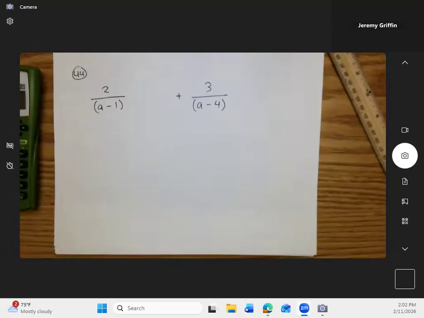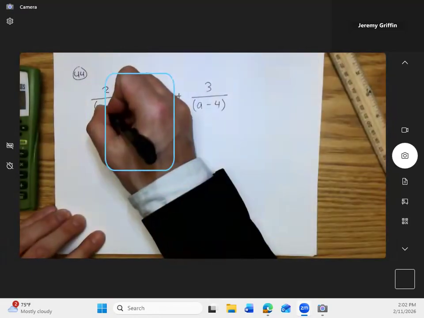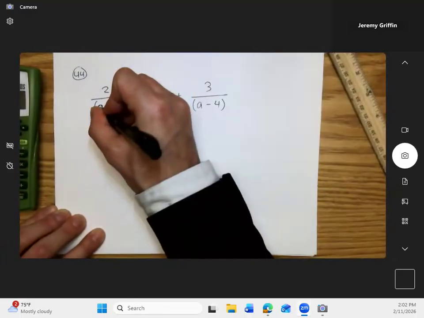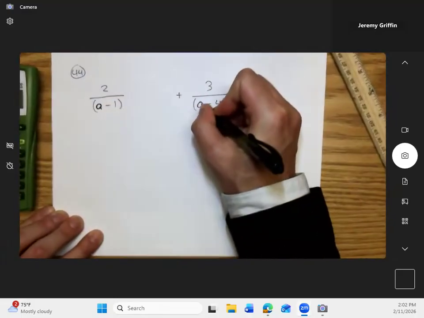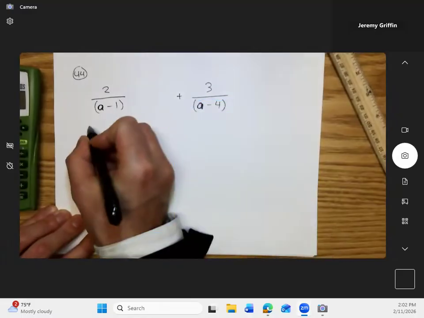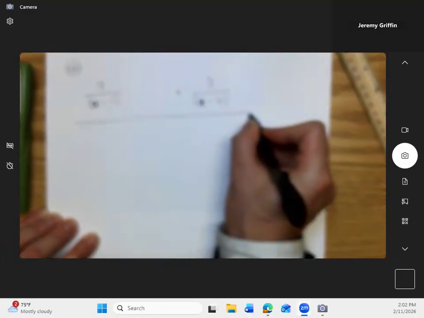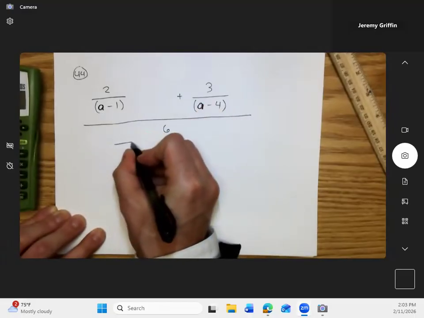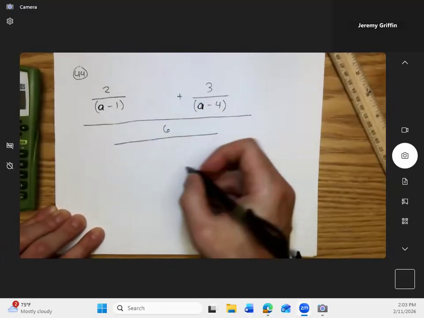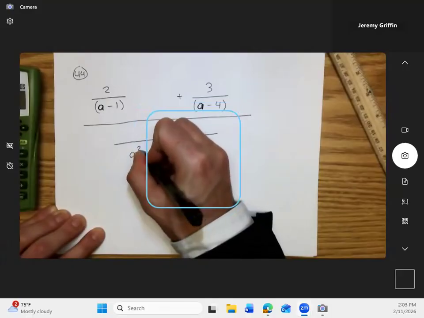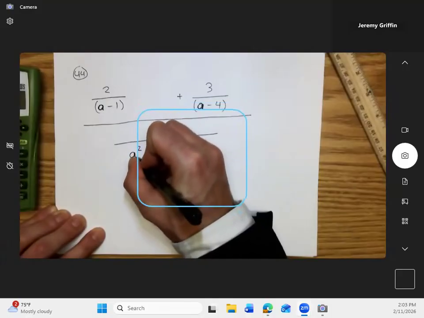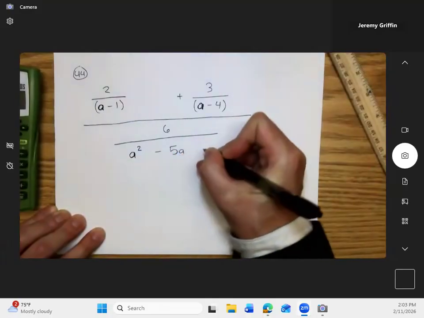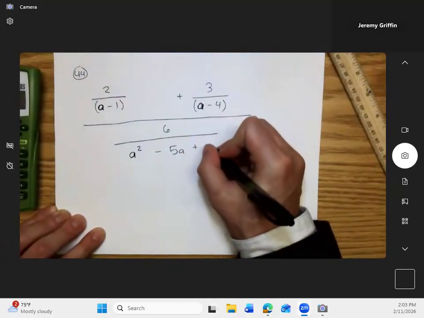Yeah, A. We're working with A. It's like X. Your book just went with A. Then this is all divided by 6 over a squared minus 5A plus 4.